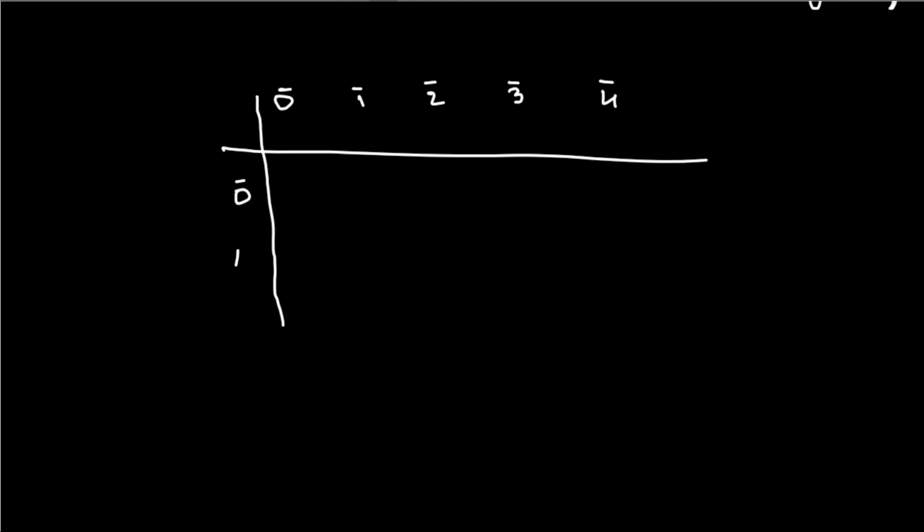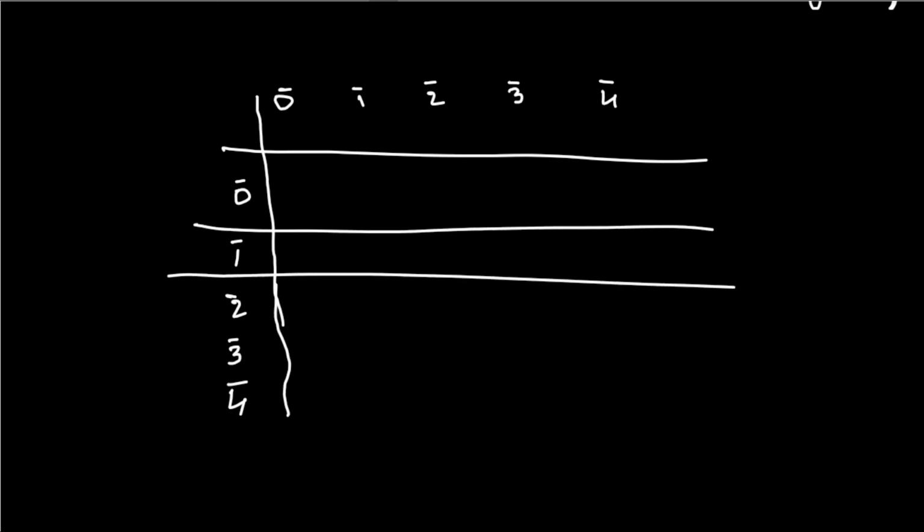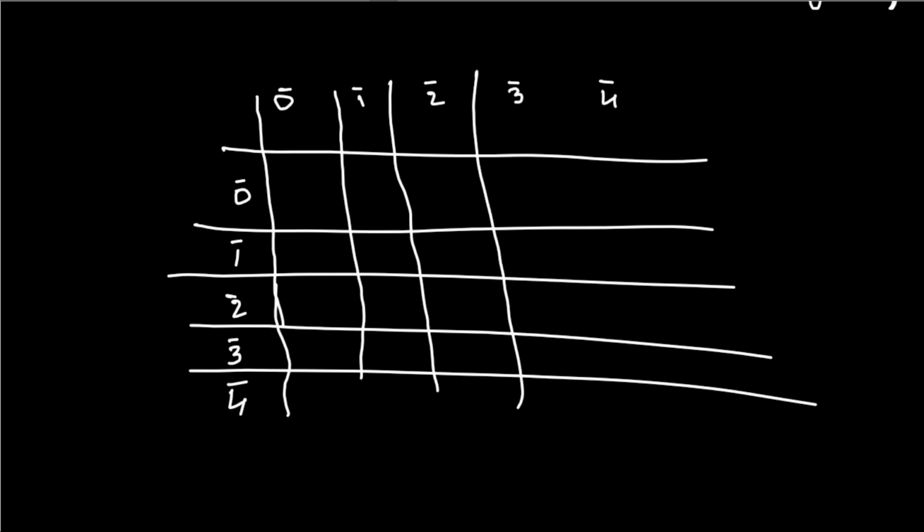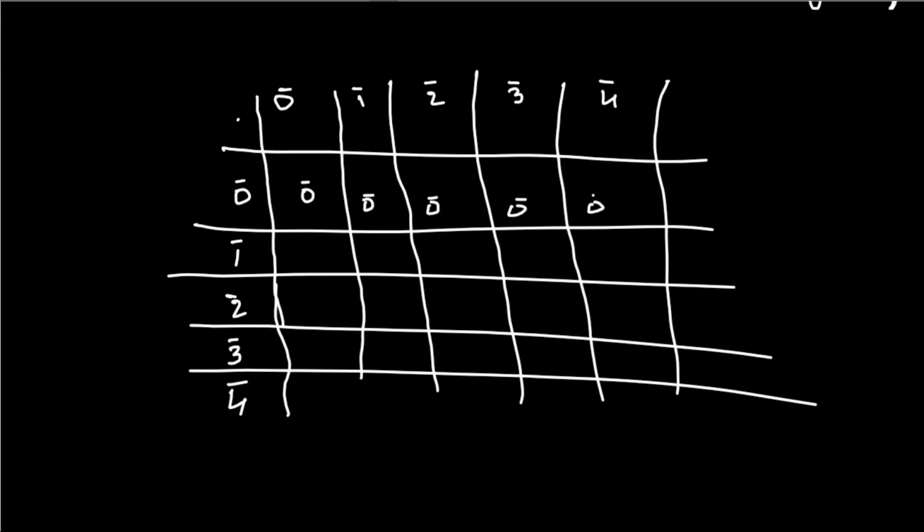Now you will write the elements horizontally and vertically. 0, 0, 0, and then 1 multiplied by 0, yes, it's okay, and here it will be 0 and 1.